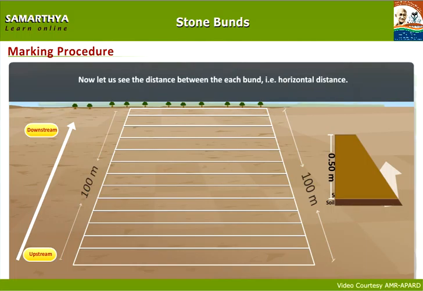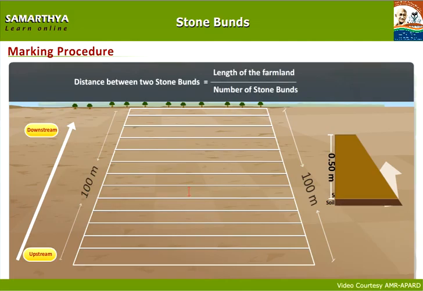Now let us see the distance between each bunt, that is the horizontal distance. We have to use the following formula to determine the distance between two bunts. Distance between two stone bunts is equal to length of the farmland by number of stone bunts.